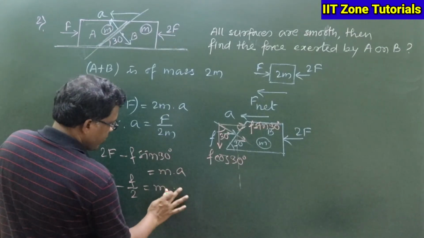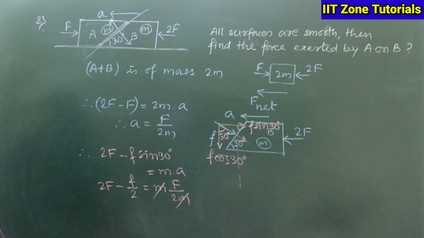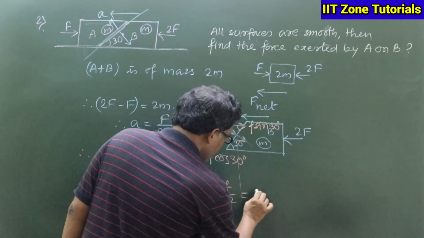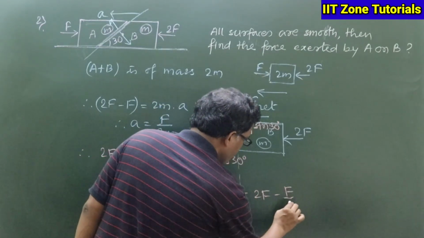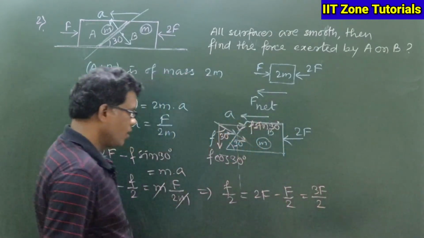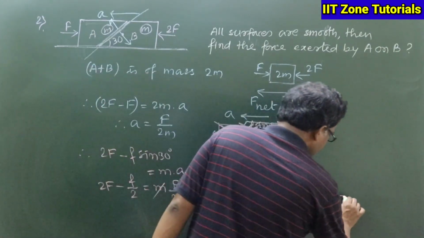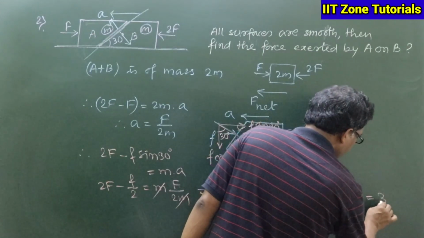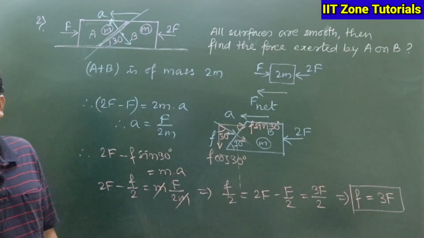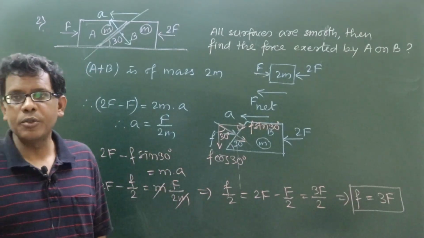We got a as F by 2m, so m gets cancelled out. So f by 2 is equal to 2F minus f by 2. That means this is 3F by 2. Got it? So small f is equal to 3F. So the contact force, being perpendicular to the surface of contact, will be of magnitude 3F.